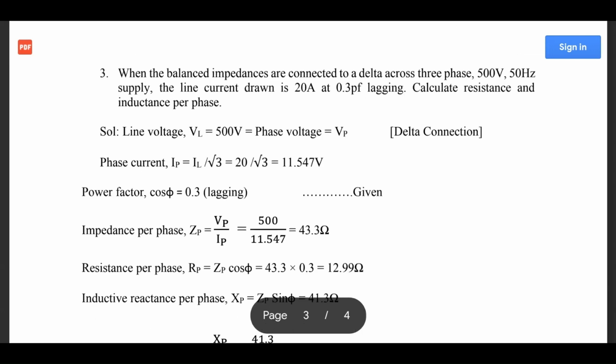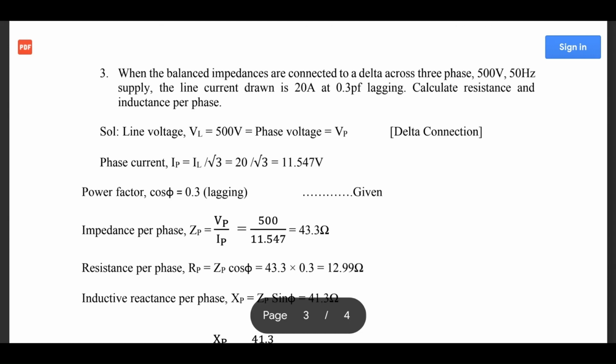So in this numerical, the balanced impedances are connected in delta across three phases. So now we are dealing with the delta connected system.